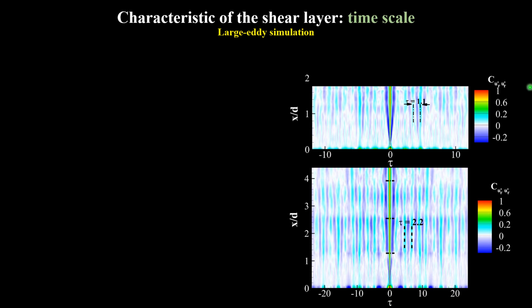We use the autocorrelation of radial velocity fluctuations sampled at the shear layer for two cases. As you can see in these two contour plots, the coherent structures or coherent motion start about 1 jet diameter from the nozzle lip. Both cases have the dominant coherent structure, but the time scales are different.